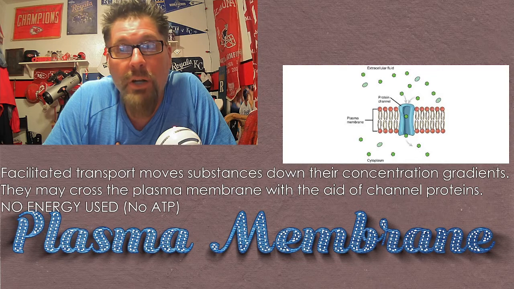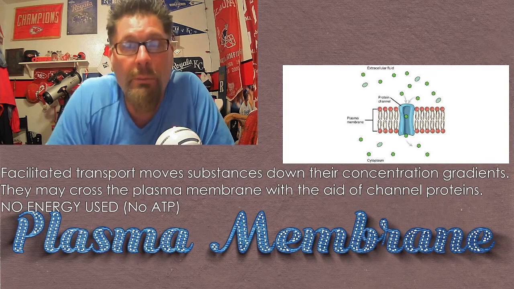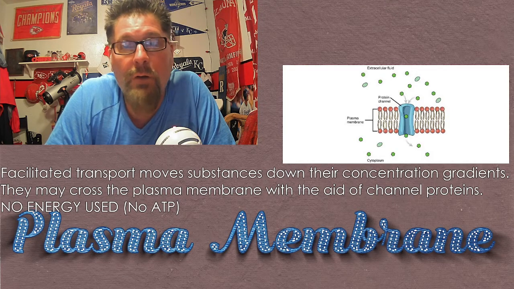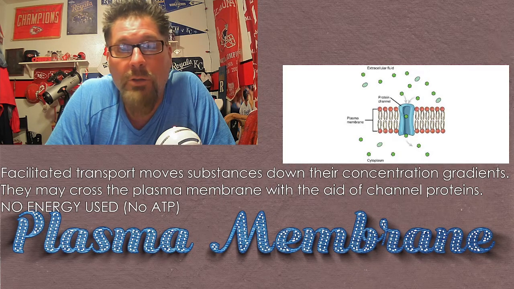But facilitated diffusion is a little different in that it does use a protein pathway. And again, it's an open pathway. When we talked passive transport a couple of videos ago, I referenced a tunnel into a mountain. That tunnel is always open. You can think about a bridge over a river.